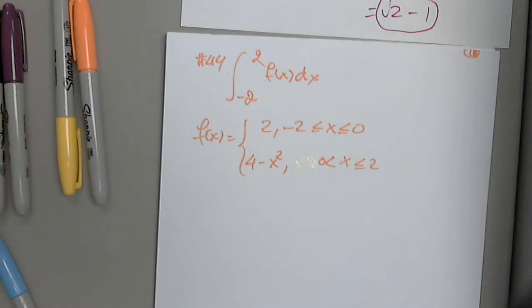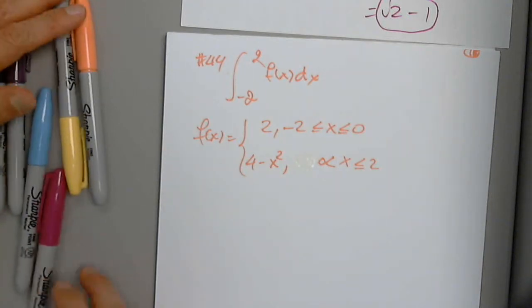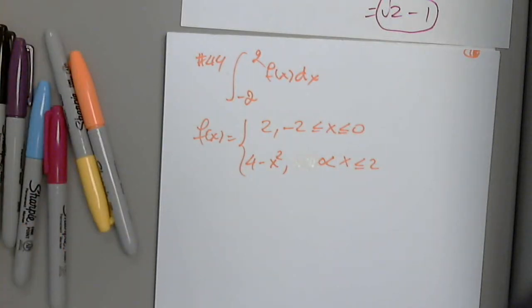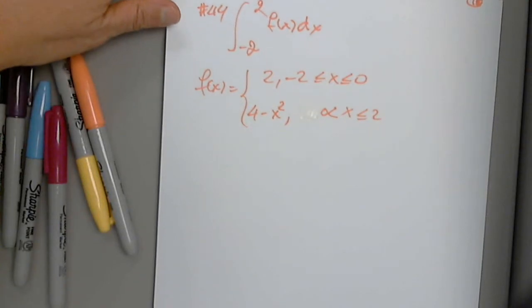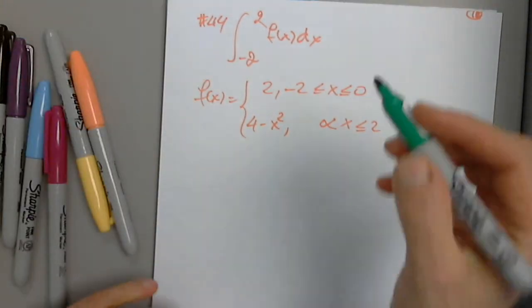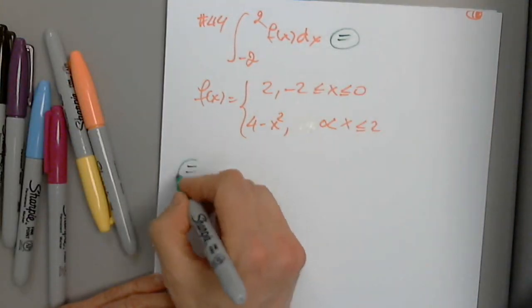So they're asking us to determine the integral from negative 2 to 2 of f of x dx. f of x is 2 for x between negative 2 and 0, and is 4 minus x squared for x between 0 and 2. What do you think we need to do here? What will this equal to?